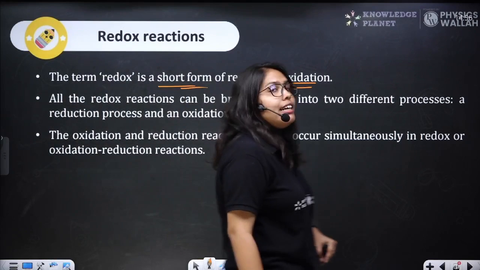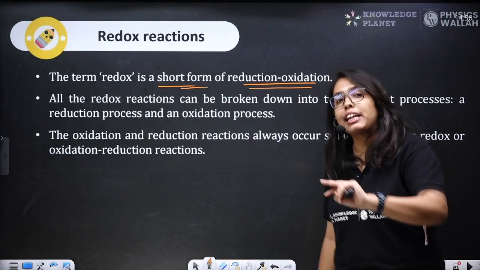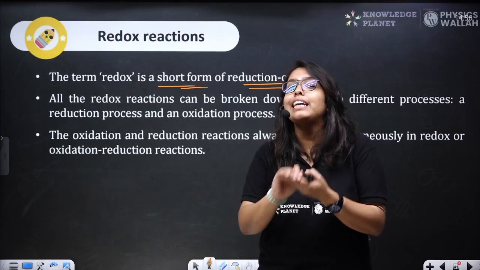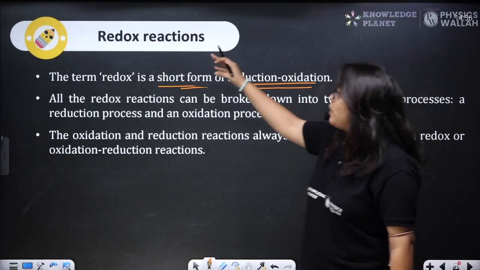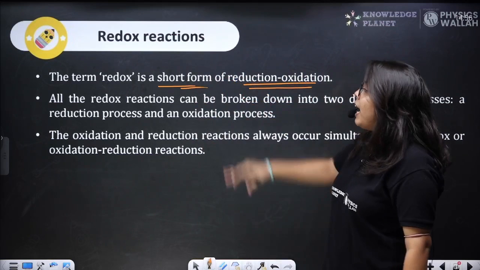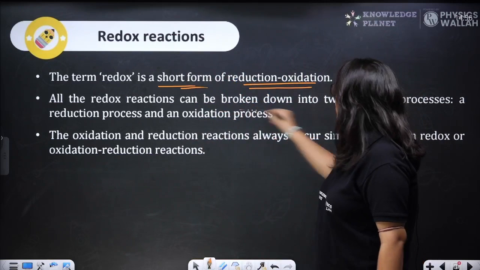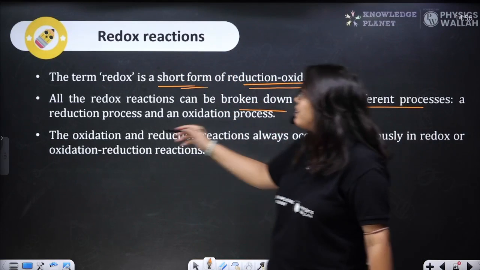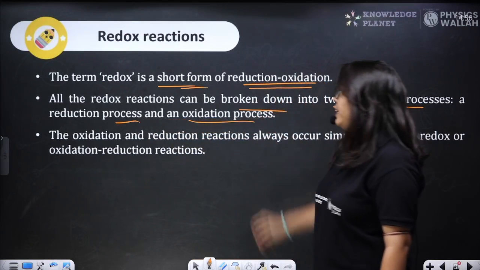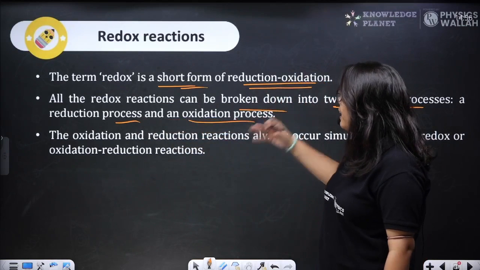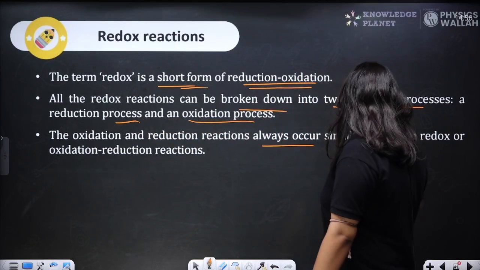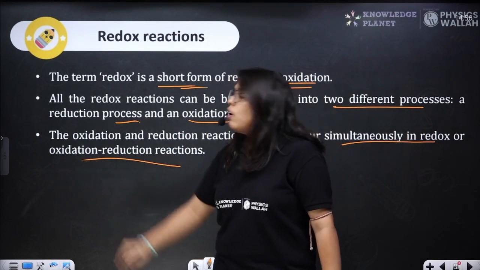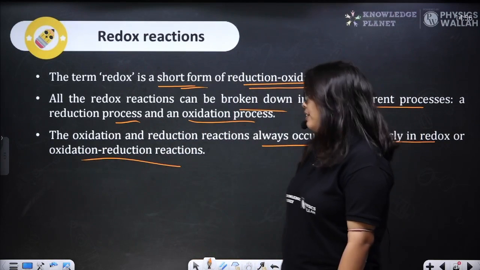When reduction and oxidation take place simultaneously, they go hand in hand. Such reactions are known as redox reaction. All the redox reactions can be broken down into two different processes, which is nothing but reduction and oxidation. The oxidation and reduction reactions always occur simultaneously in oxidation reduction reactions.